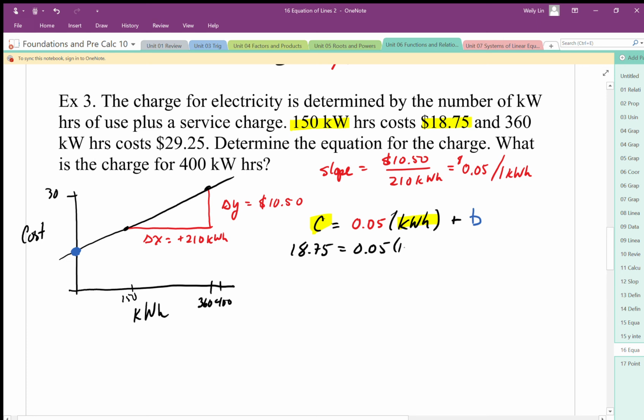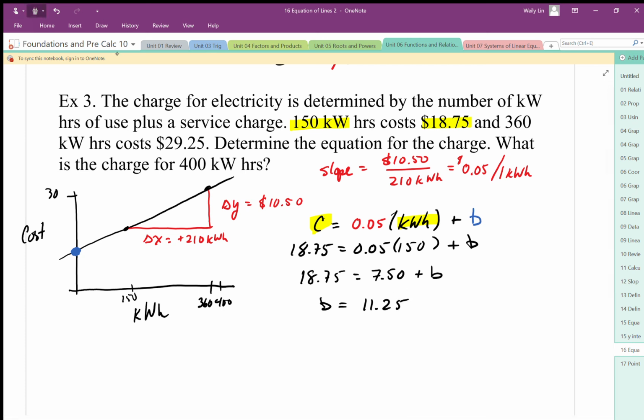So we have 150 kilowatt hours times 5 cents an hour plus B. So we end up with 18.75 equals $7.50 plus B. So that the y-intercept works out to be $11.25 is my initial charge.